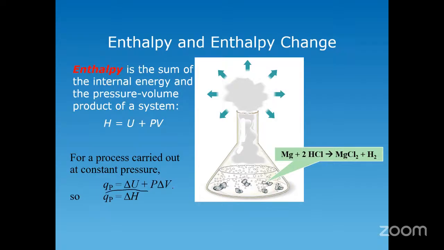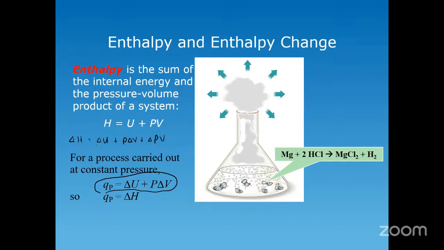Basically, if I were to go through the steps, delta H would be equal to delta U plus P delta V plus V delta P, right?